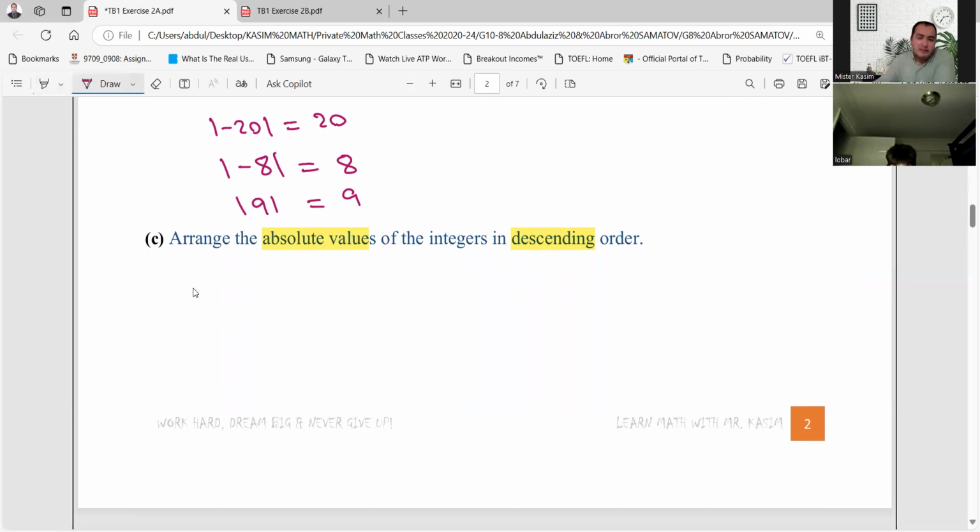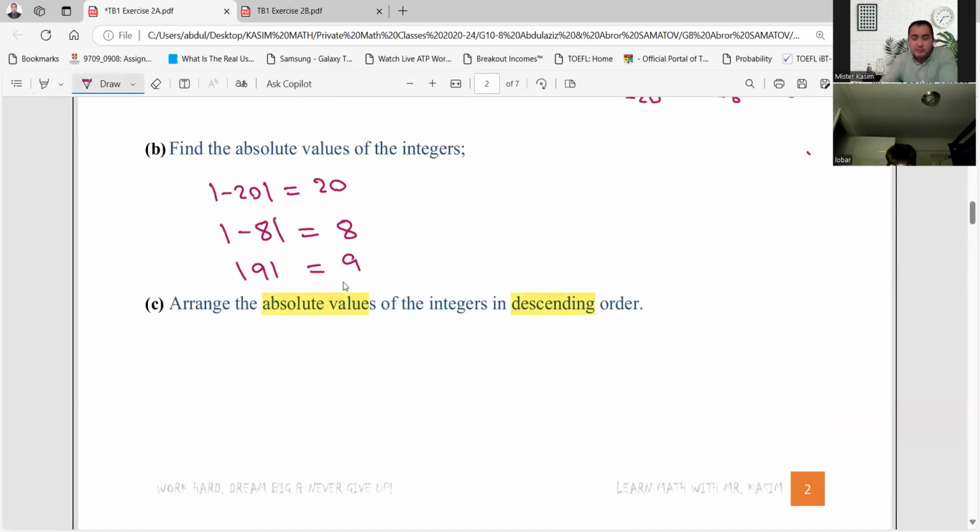So look at these numbers. Which one is the greatest here? 20 or 9? 20 is the biggest, right? So the absolute value of negative 20, that is 20, is the biggest. The next one is the absolute value of 9, and the next one is the absolute value of negative 8.